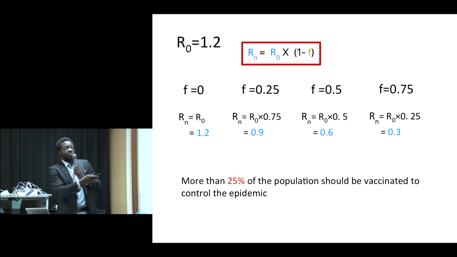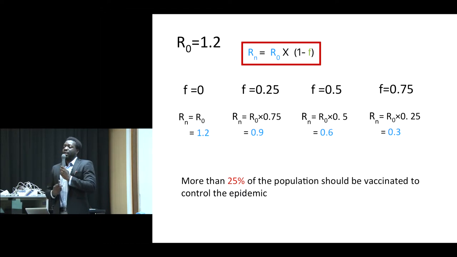It tells us that if R naught is small, it takes only a small fraction of people to be vaccinated in order to be able to control the epidemic. So this is very important. Any vaccination or immunization programs that consider that, how many children should we vaccinate?